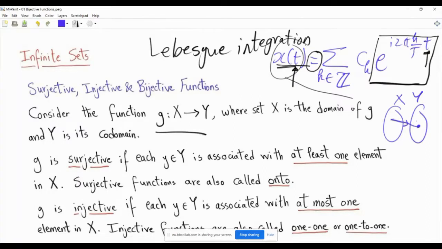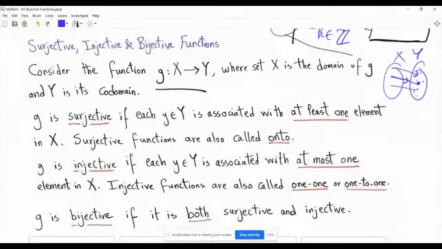So every element in y is hit by the mapping. Okay, no element in y is left alone. Okay, each element should be used in the mapping. Okay, so this will be a surjective function. Okay, an injective function, each element in y is associated with at most one element in x.